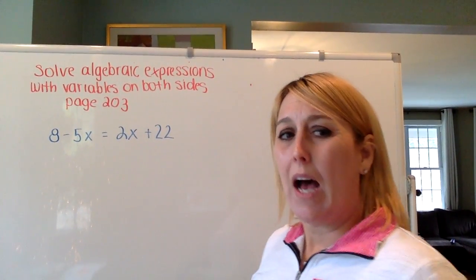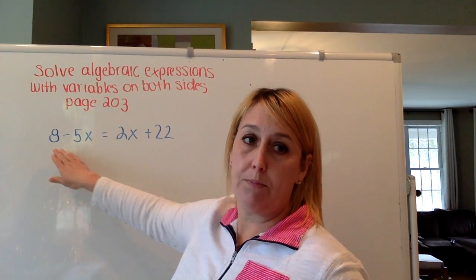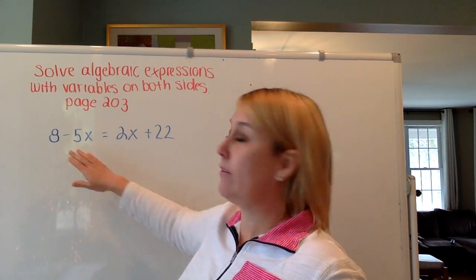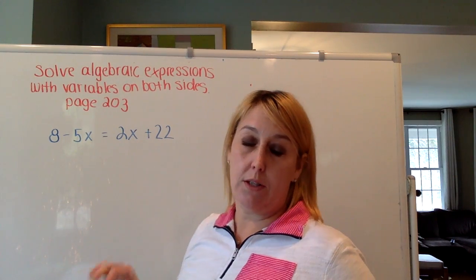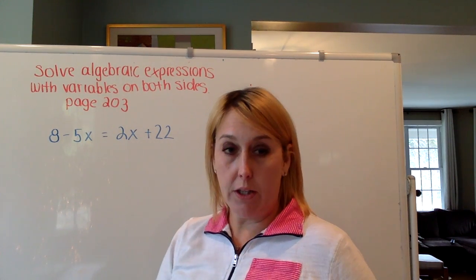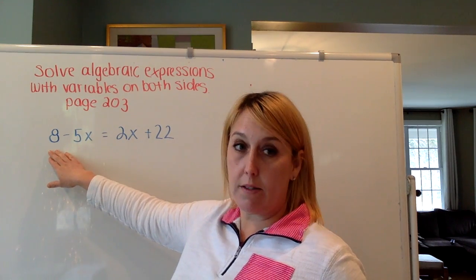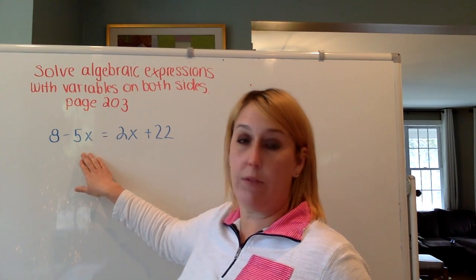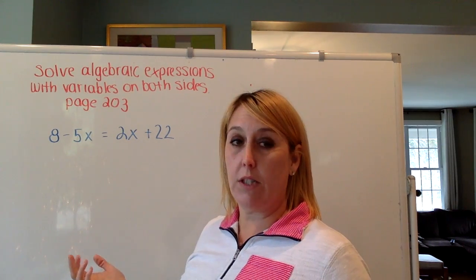So I'm going to show you, in this example, we have a constant, we have negative 5x, we have positive 2x, and we have positive 22. And it doesn't really matter if you try to move the constants first or if you try to move the variables first. So I'm going to actually show you both ways so you'll see that it works.